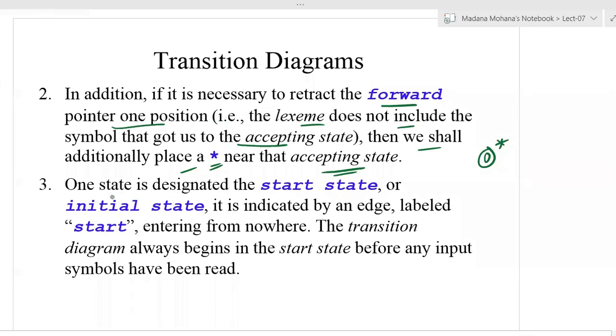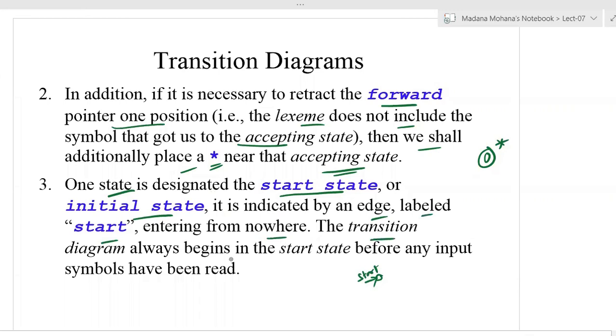Then the third consideration: one state is designated as the start state or initial state. How to represent the start state? With a circle, with an arrow, labeled with the phrase start. It is indicated by an edge labeled start entering from nowhere.